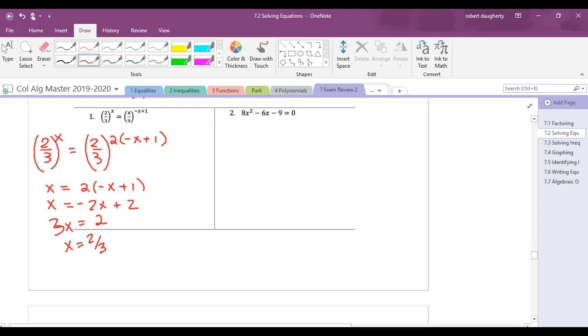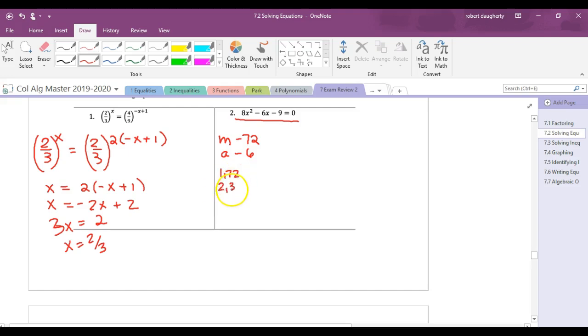Okay, the next one, solving this. This goes back to, that's a quadratic. To solve a quadratic, you have to be able to factor a quadratic. So I need two numbers that multiply to negative 72 and add to negative 6. So what are factors of 72? That's 1 and 72.